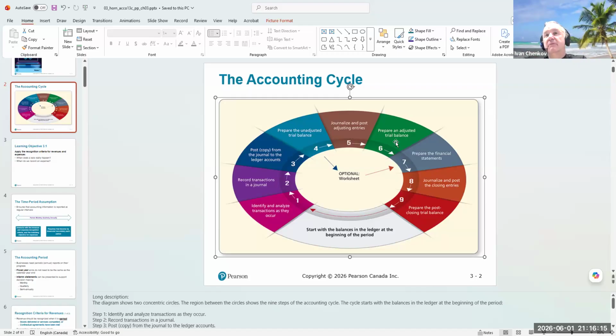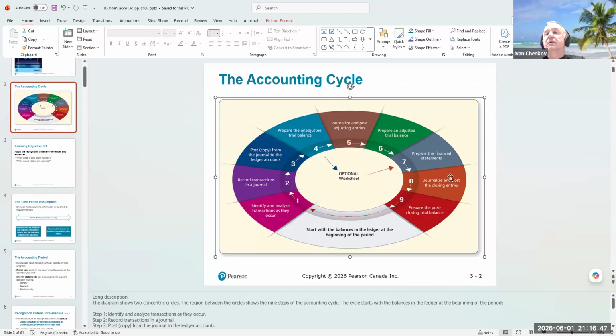Preparation of the trial balance after adjusting entries is not different than the unadjusted trial balance. And once we have those adjustments, now we can prepare the final financial statements, which are going to include all the transfers from the prepaid expenses into the expenses, unearned revenue into revenue, plus we're going to catch the revenue which we haven't received yet and the expenses that we haven't paid yet.